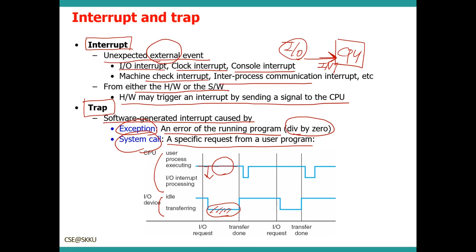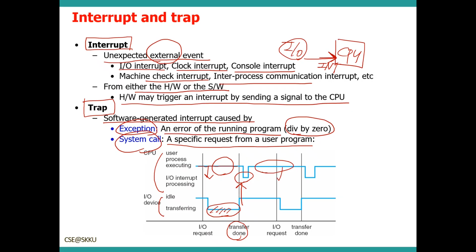Then after, for example, the transfer operation is completed, the I/O device sends an interrupt signal, and the processor handles the I/O interrupt. Then it can resume the user application.